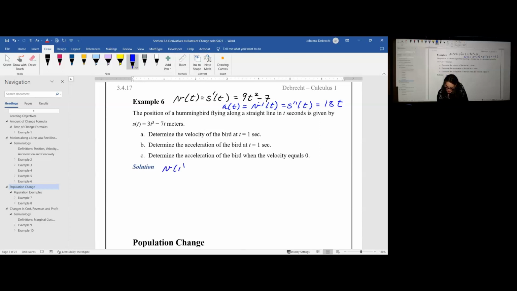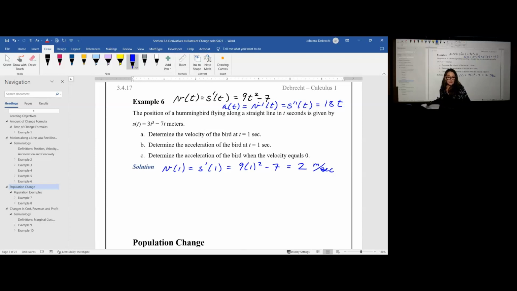Now I want to find the velocity of the bird at 1 second. So v of 1 is equal to the derivative of position at 1, which basically gives me 2. And this will be in meters per second, 2 meters per second.